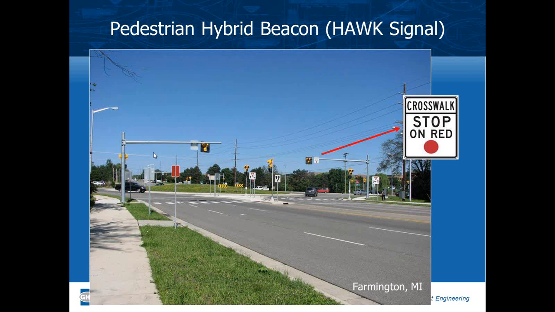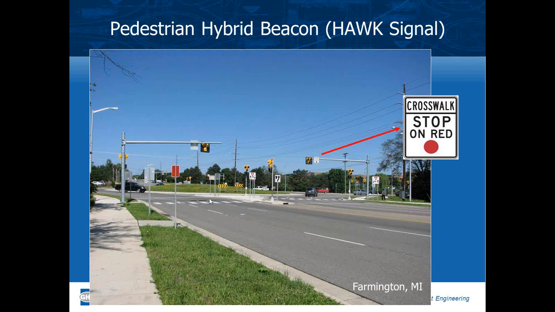And then the second thing is the device itself is unfamiliar to drivers. So if we really want trouble with roundabouts, this is exactly what we should be doing: adding new devices to an already challenging device, and then putting it so close to the roundabout that drivers are going to be challenged with having to process a lot of information.